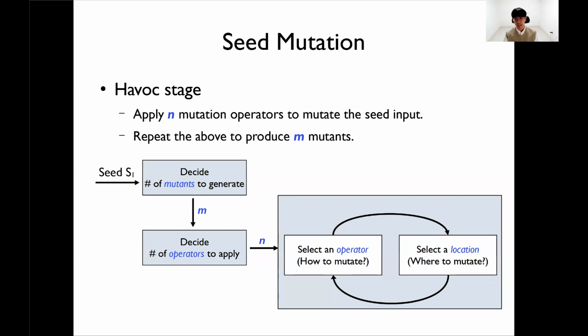Then while generating m mutants, AFL also decides how many mutation operators to apply for each mutant simultaneously. Suppose that the number of operators for generating the first mutant is n. Then it iteratively chooses which operator to apply and where each operator is applied, n times respectively, and then generates the first mutant.